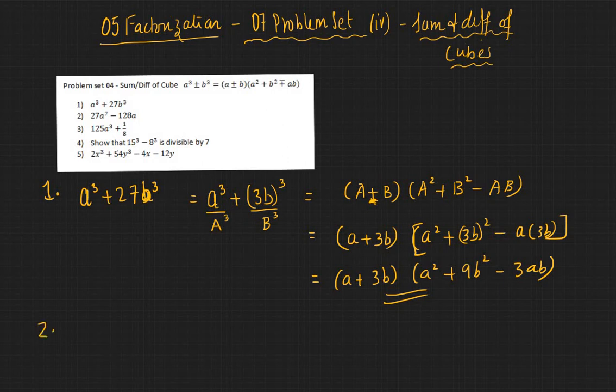Let's do the next one, which is 27a power 7 minus 128a. If you look at this, how do you move ahead?